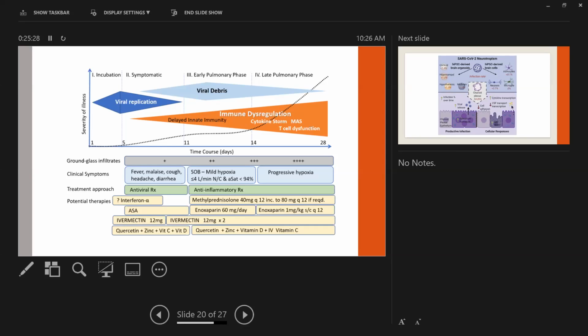Low dose anticoagulants have also proven to be very, very effective as well. Your other antivirals only work if you give them early. When a patient comes in and they're severely sick, they're not going to work. And a lot of the studies that have looked at severely sick patients found that these antivirals don't work for this reason. You're essentially closing the barn door after the horses have already escaped.